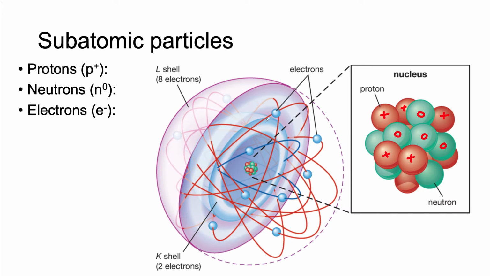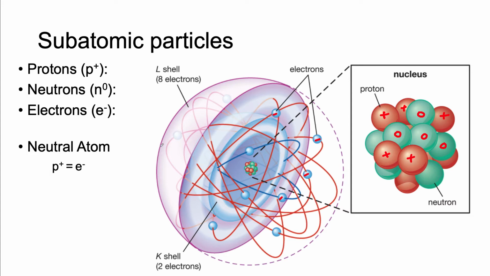Electrons are shown outside here in the little blue balls. These have a negative charge to them. In a neutral atom, the number of protons, or positive charges, should equal the number of negative charges.